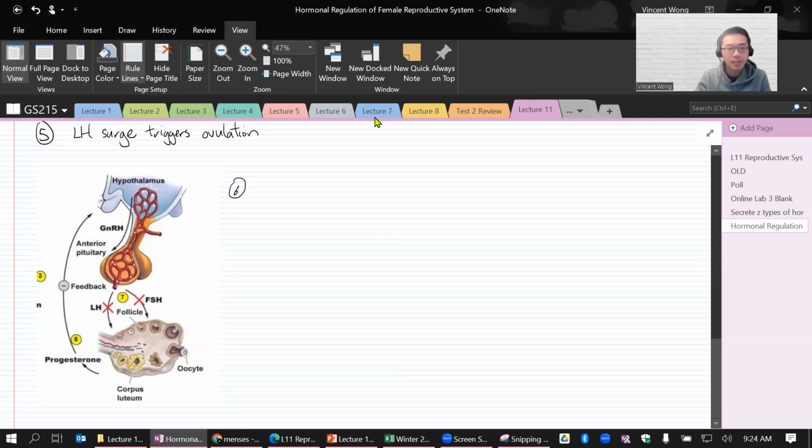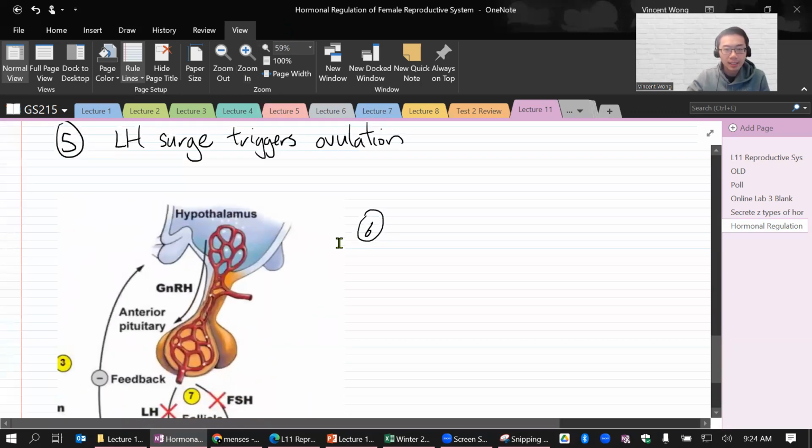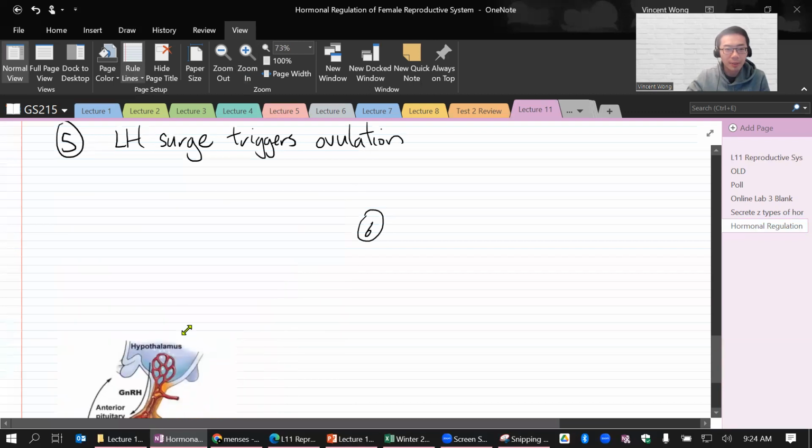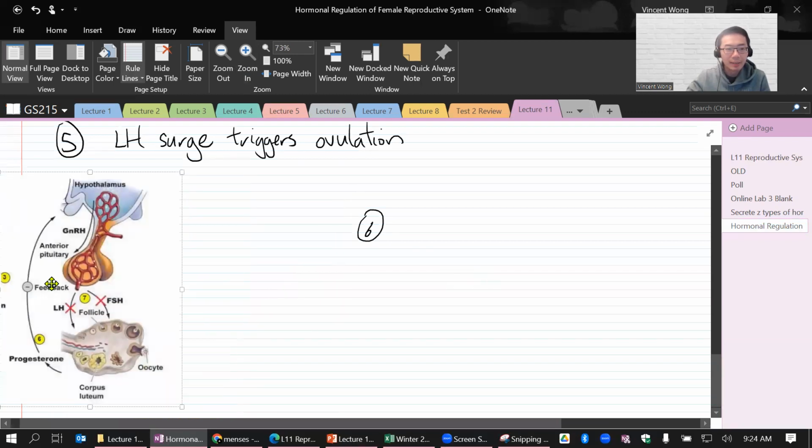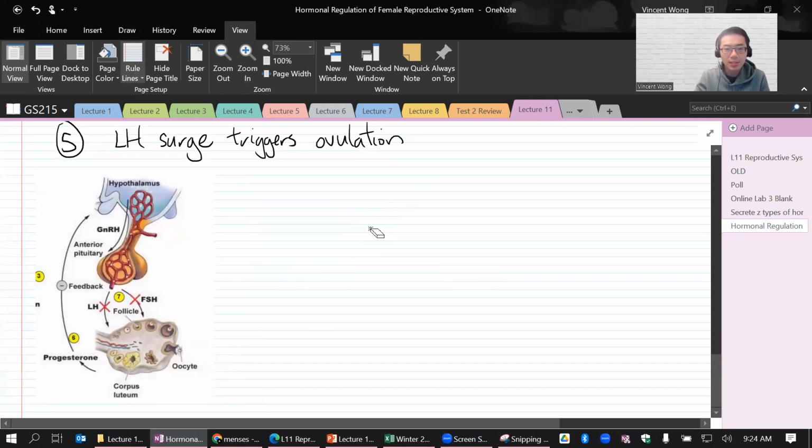Let me just zoom in again. I told you I have a tendency to keep on writing bigger and bigger. Let's go back here, number 6. So the corpus luteum forms after ovulation.